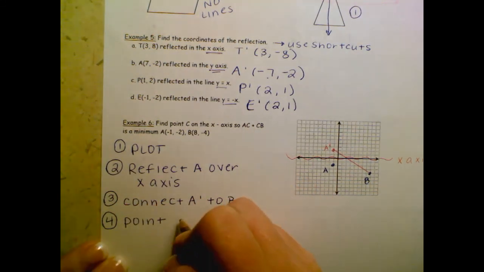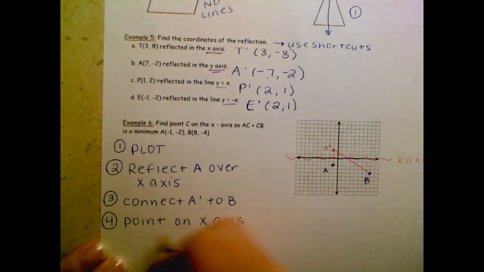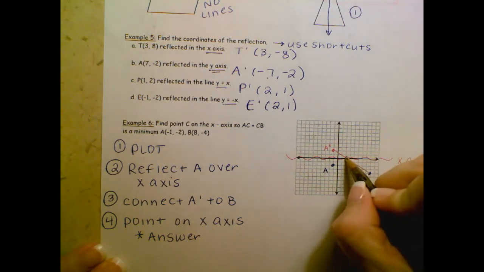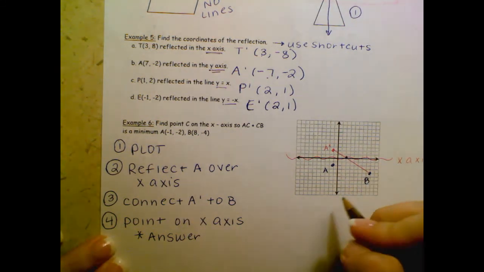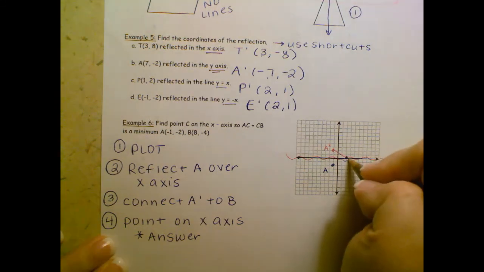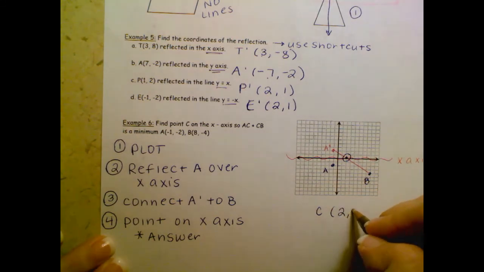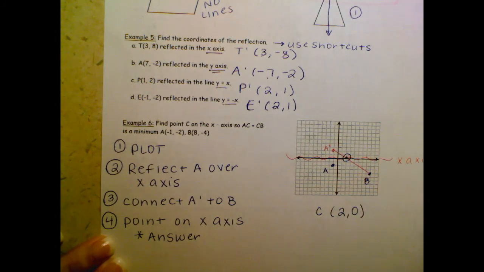The point is going to be on the x-axis. So if I look at where the x-axis is right here, so point C, looks like it is at 2, 0. We're always going to be getting whole numbers.